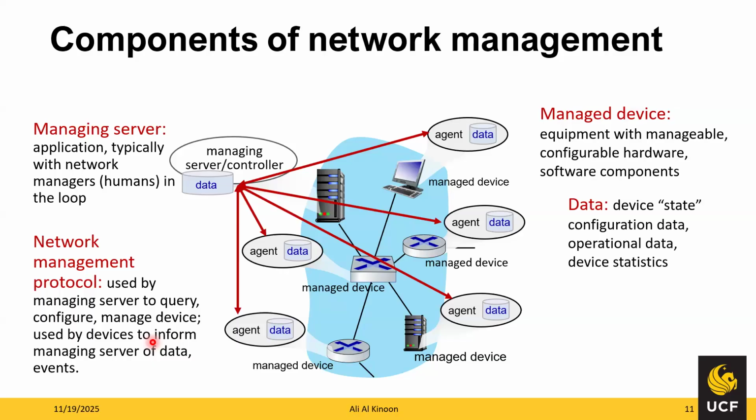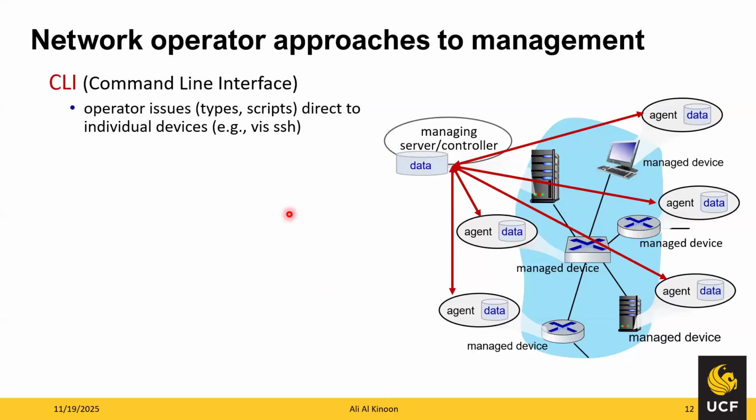Similar to HTTP requests and HTTP replies for a given server, you have to have a network management protocol in use. Devices also use that protocol to notify the server about events or problems. This is where we talk about SNMP or NETCONF. This is how two-way communication works from the administrators to the entire network, forming a central point.